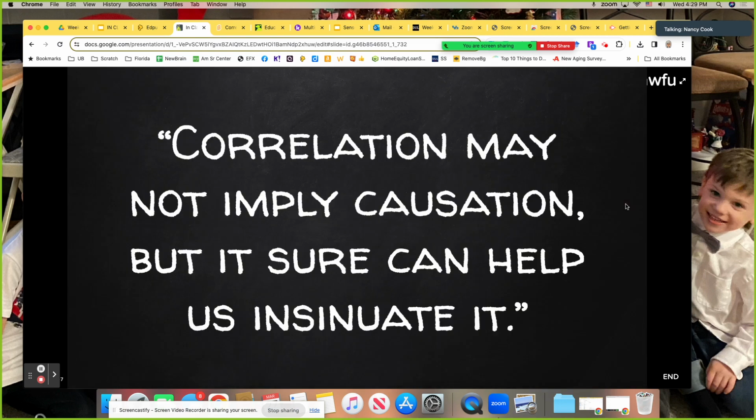So that's why I'm showing you this, to really make the point that correlation sometimes implies causation. Someone might imply it, but it can help us insinuate it. When we look at that chart and we go, oh, look, it's a strong correlation, it must mean one causes the other. But be careful and don't get caught in that trap, okay?